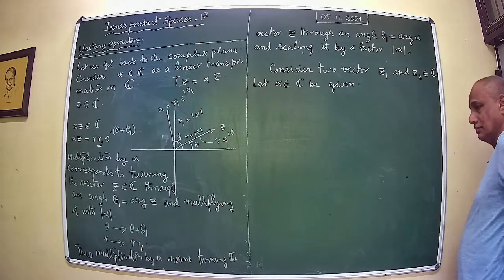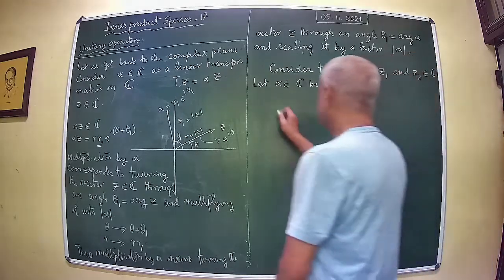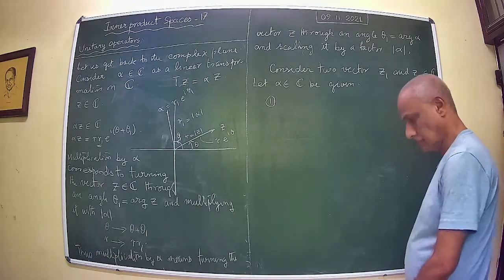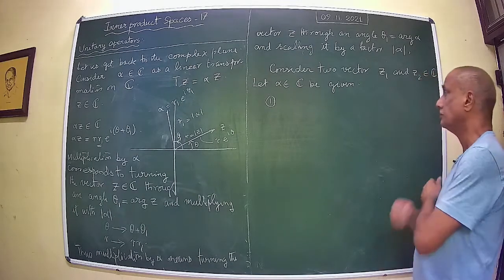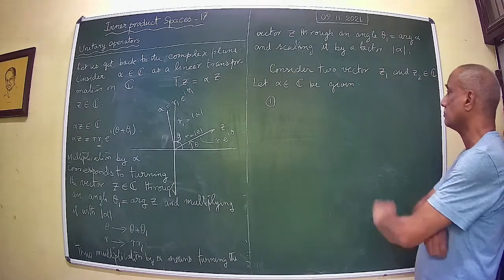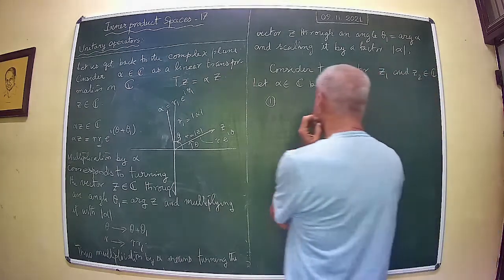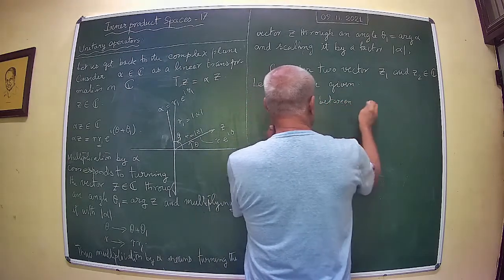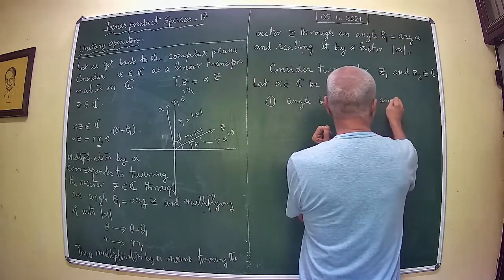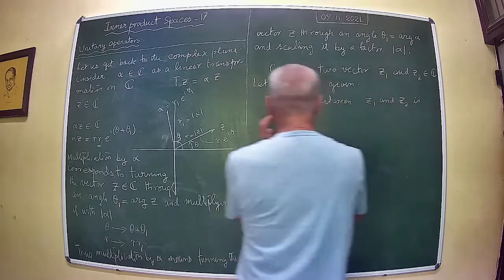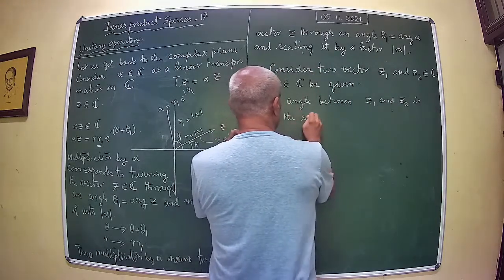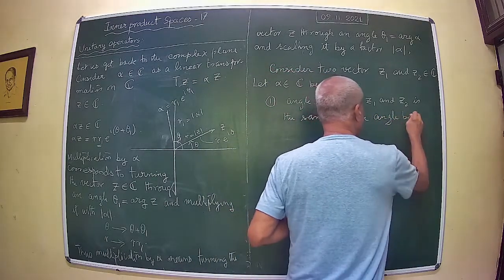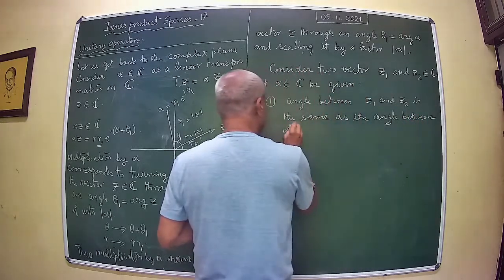The first observation is that the angle between z1 and z2 is the same as the angle between alpha z1 and alpha z2.